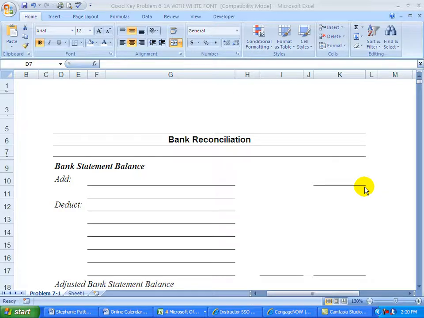Things that would affect our checking account could be a check we've written incorrectly in our journal and account, though it went through the bank okay. Or maybe we forgot an ATM withdrawal that the bank knows about but we didn't record, or a bank service charge, or the owner has taken money out with an ATM and not told us about it, or the bank has collected a note for us.